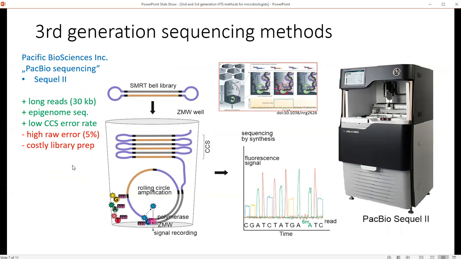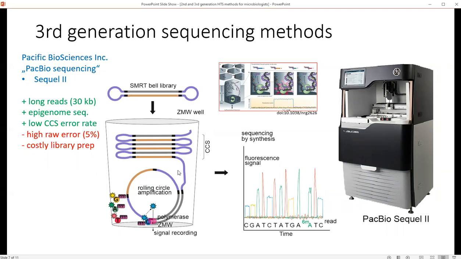The second third generation sequencing method is PacBio sequencing, provided by Pacific Biosciences Incorporated, and the most novel platform is Sequel 2. The library preparation is also very specific. It's called the SMRTbell library, in which again the library is prepared by ligating the ends of the molecule and generating a circularized molecule.